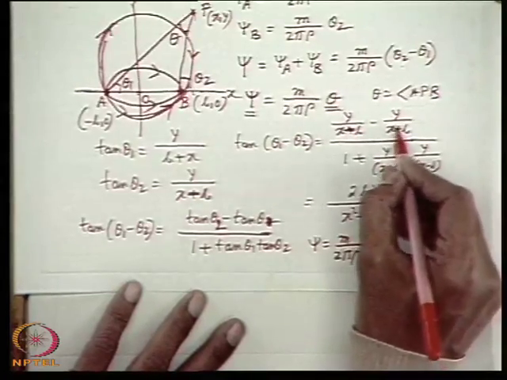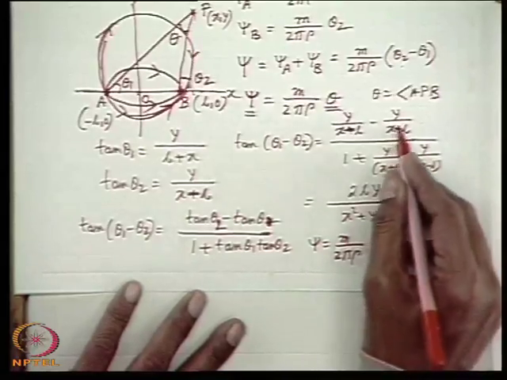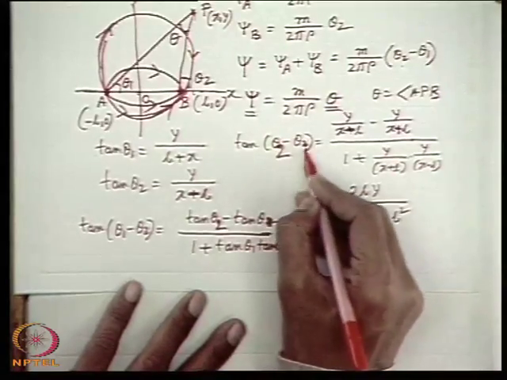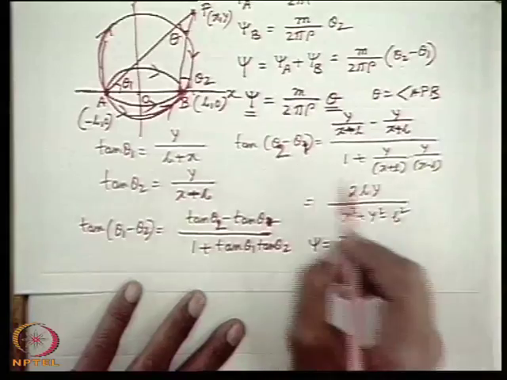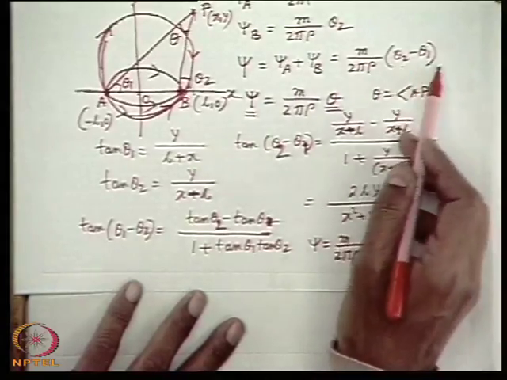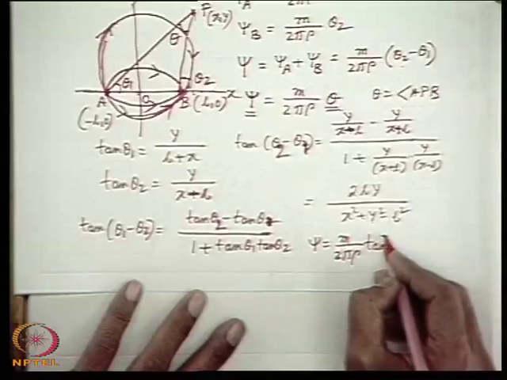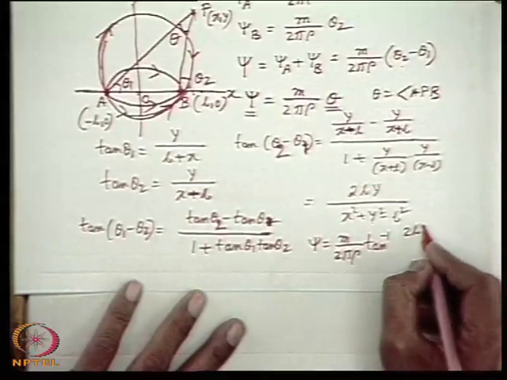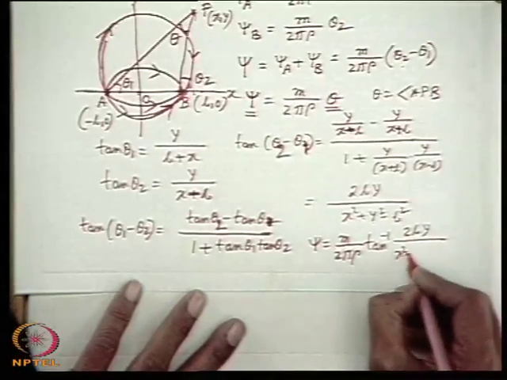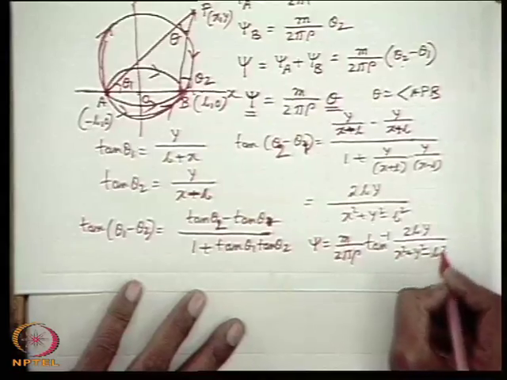So theta 2 minus theta 1 is tan inverse of 2by over x square plus y square minus b square.